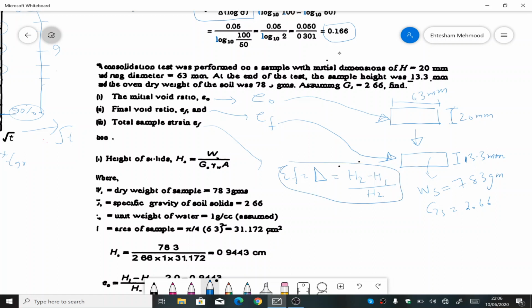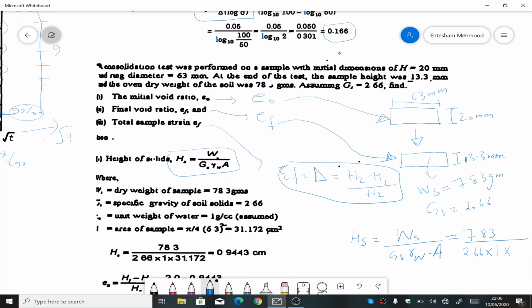To find out e naught, the first step is to use the formula of height of solids. Height of solids Hs is equal to Ws over Gs gamma w into the area of the soil specimen. So Ws, the weight of soil solids, is 783 grams. Gs of the soil is 2.66, and gamma w, because we are using units of gram per centimeter cube, is 1 gram per centimeter cube.